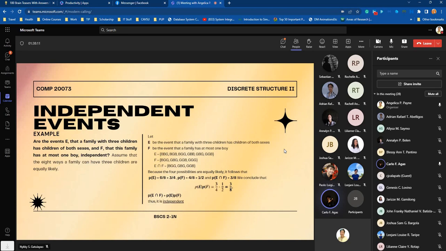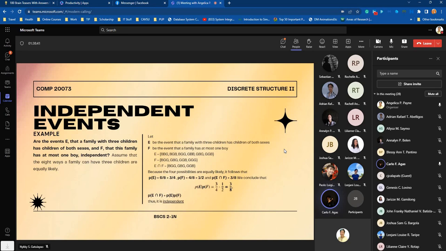Ngayon naman, paano natin siya mahanap? Paano natin malalaman kung independent ba tong dalawang events na to kung hindi sila nagko-coincide sa isa't isa? Saka natin gagamitin yung pagda-time sa kanila. Dapat yung intersection nila is equal pag pinag-times yung dalawang probability na ito. Ayan. Kunan natin yung value nila.